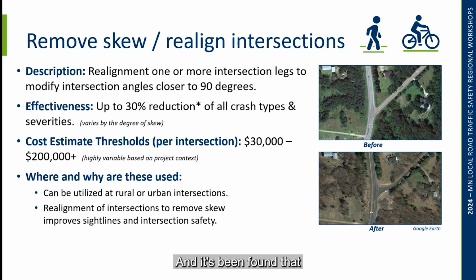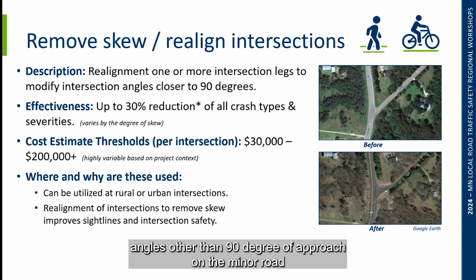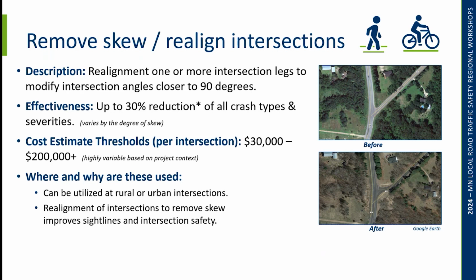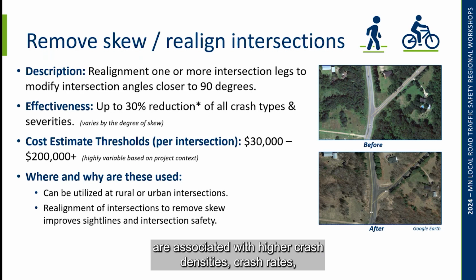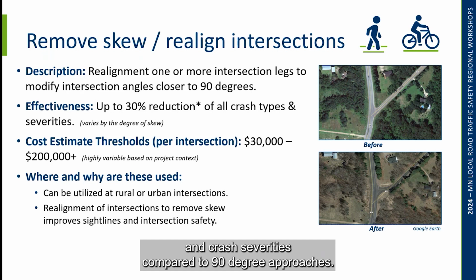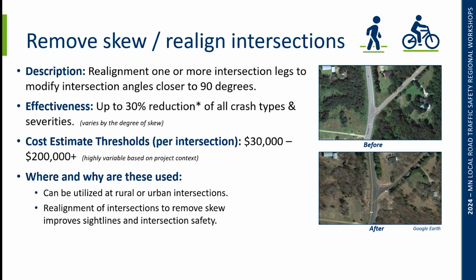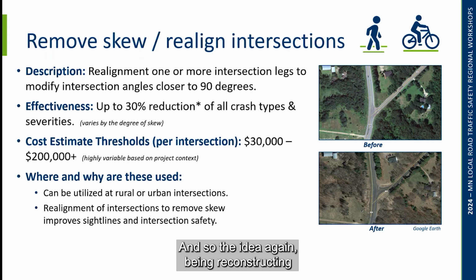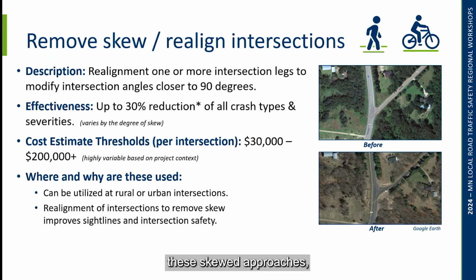It's been found that angles other than 90 degrees of approach on the minor road are associated with higher crash densities, crash rates, and crash severities compared to 90-degree approaches. So the idea is that reconstructing these skewed approaches can provide crash reductions in the neighborhood of around 30%.